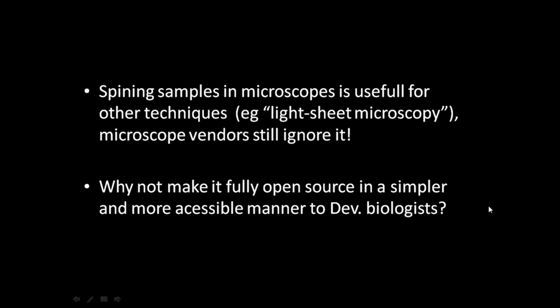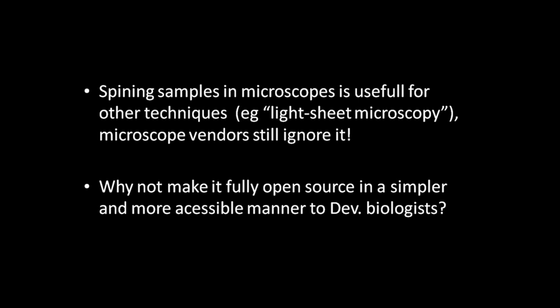Even light sheet microscopy can really take advantage of rotating samples and seeing from multiple angles. So why not make the possibility of spinning samples more easily accessible to people? Most microscopy vendors, if not all of them, have ignored this possibility, have not built the hardware or the software to provide this functionality in their systems.